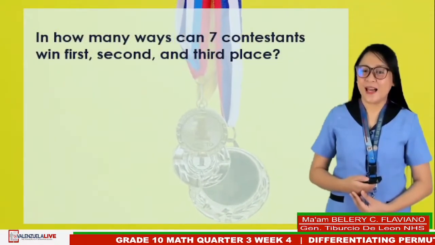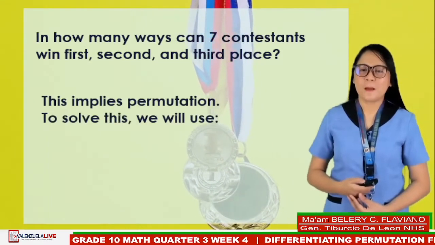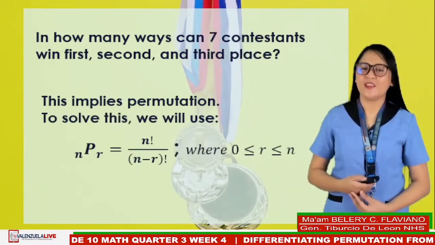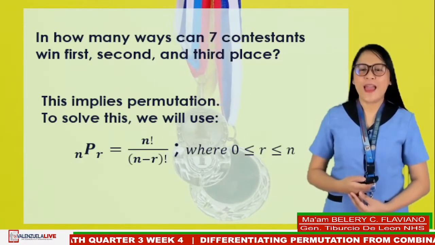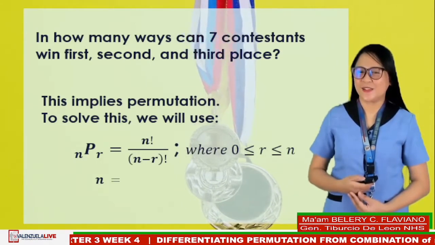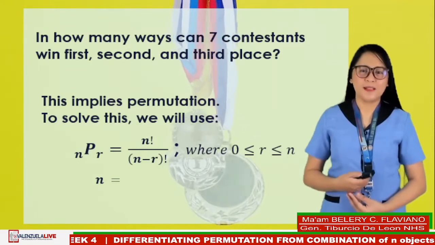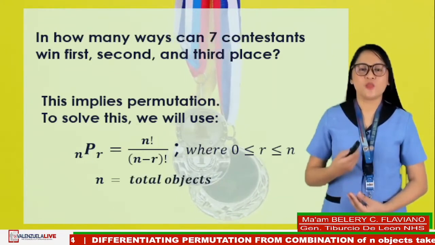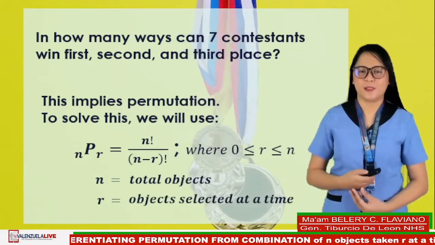This implies permutation. Okay, to solve this, we will use permutation of n taken r equals n factorial over n minus r factorial, where r is greater than or equal to 0, but less than or equal to n. Remember that n is the total objects, while r are the objects selected at a time. Okay?